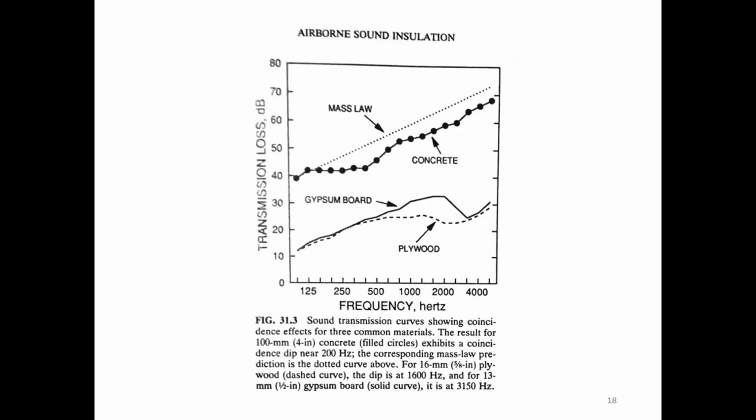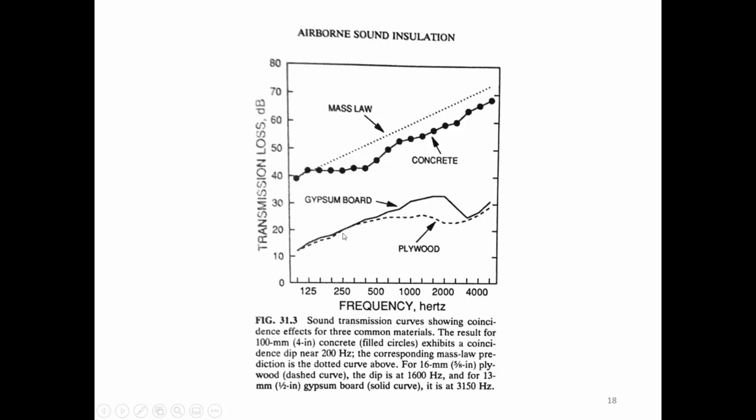Then here is some actual measured data. We have data for a concrete partition, a gypsum board, and a plywood. So here's the mass law, and then the critical frequency for the concrete, I think, is 200 hertz. So right there we see the dip.